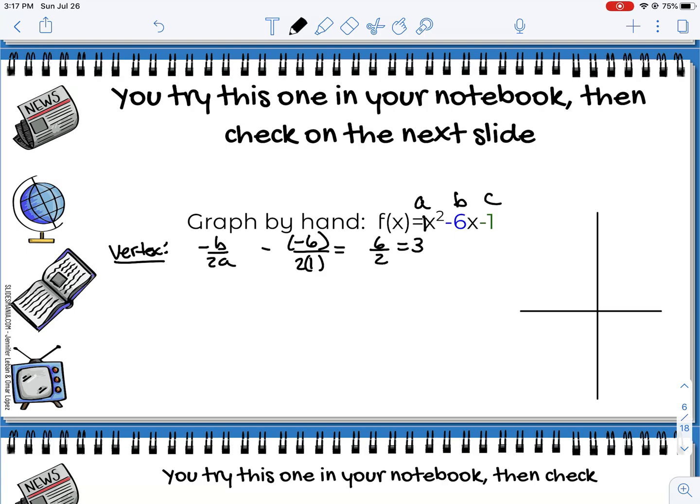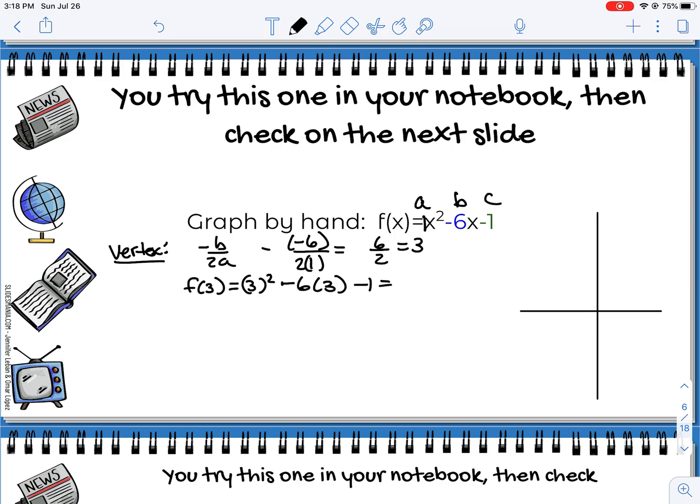Now you will substitute that value in for the function. So I'm going to do f of 3 to get my y-coordinate of the vertex. If you use a calculator, it's probably the easiest way. That's 9 minus 18 minus 1.